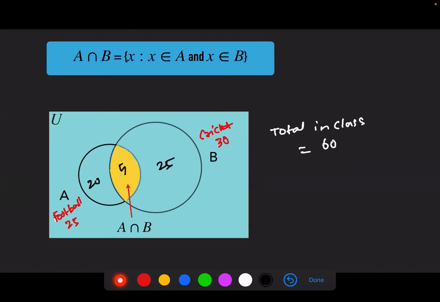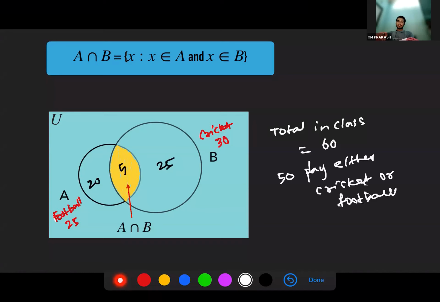Now how many students are playing either football or cricket? You can add 20 plus 5 plus 25. So that means 50 play either football or cricket. So how many students are not playing any sport?